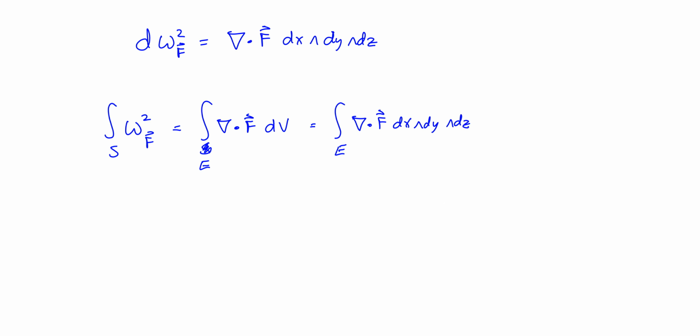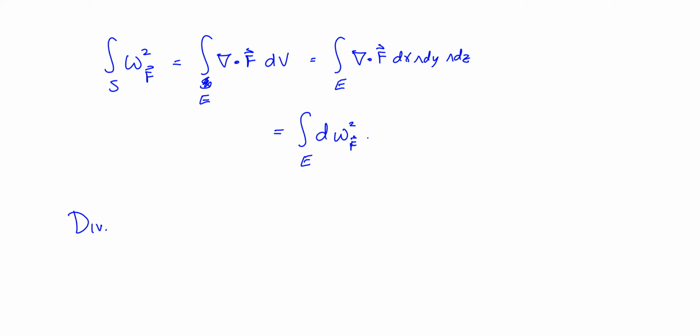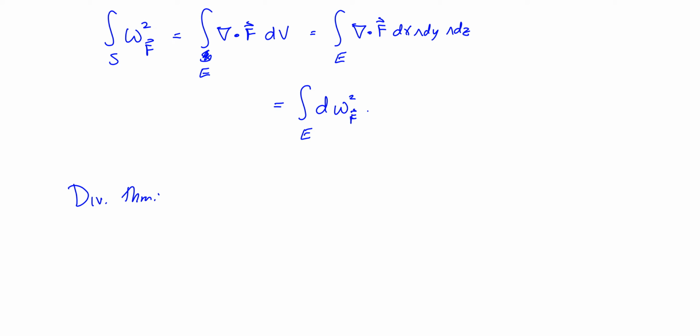And now note this is exactly the integral over E of d omega F2. So once again, the divergence theorem, rewritten in terms of forms, is just the integral over S of omega is the integral over E of d omega.